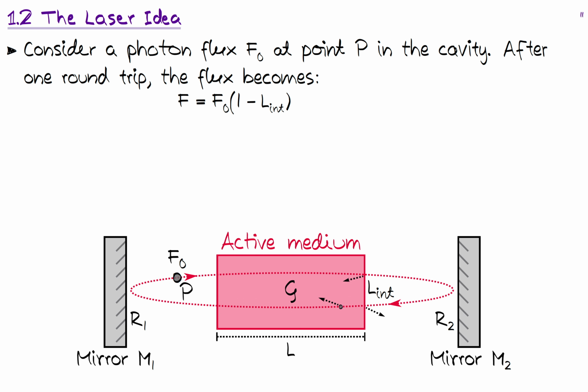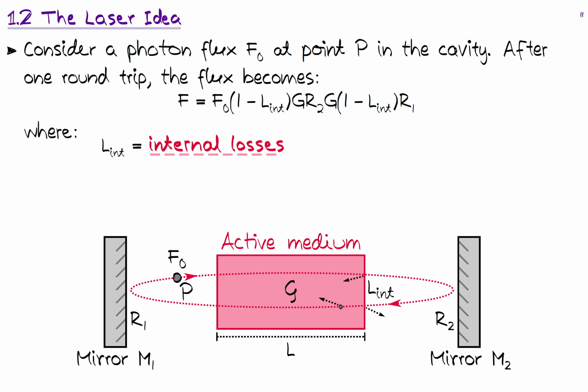That would be the internal losses associated with the medium, so basically scattering, absorption, and so forth. Then we have G, that's basically the gain provided by the active medium, and then we have the reflectivities of these two cavity mirrors. Then we also have another gain term for the second pass, and then we have again internal losses times the reflectivity of the first mirror. So this is basically what happens.